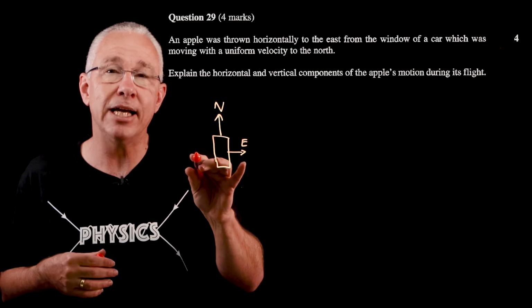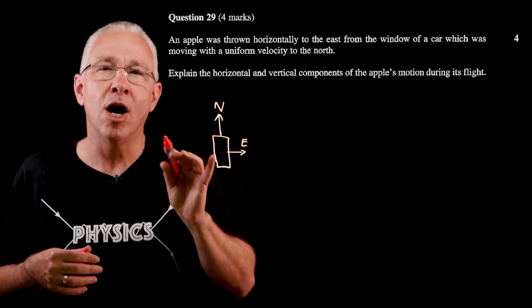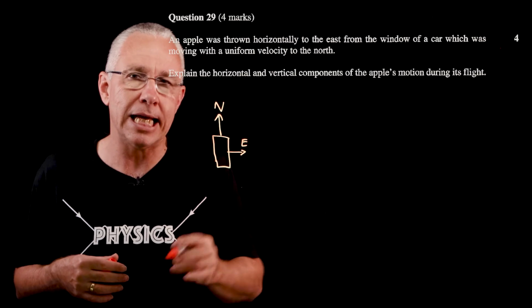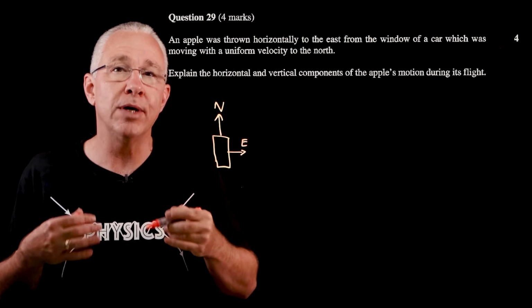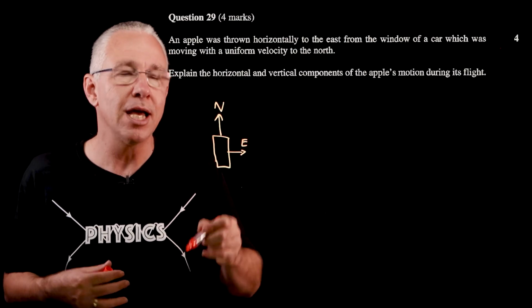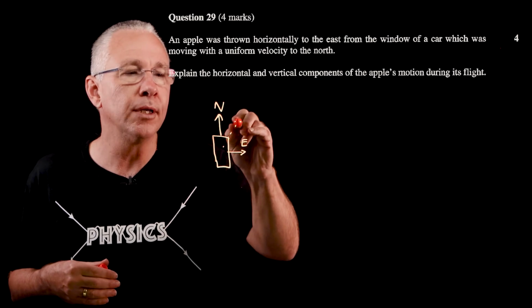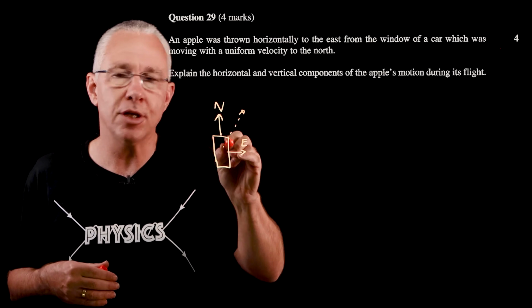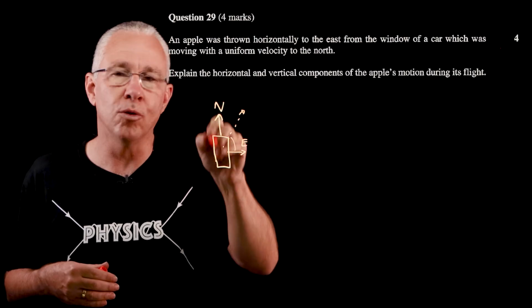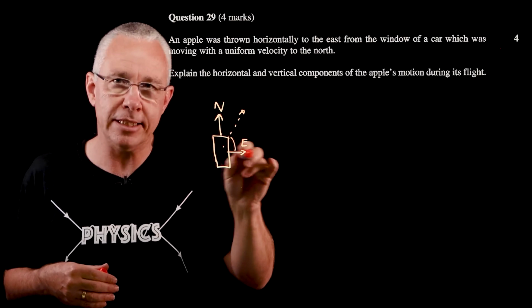We also have a horizontal velocity of the apple going east at the same time. And so relative to the road surface, that apple will be moving at some angle that is a result of both the northern velocity and the eastern velocity.